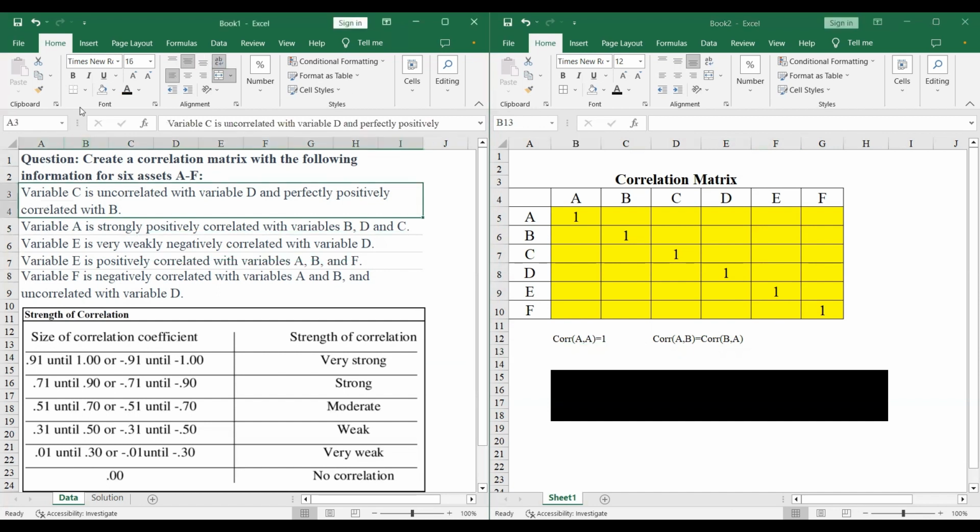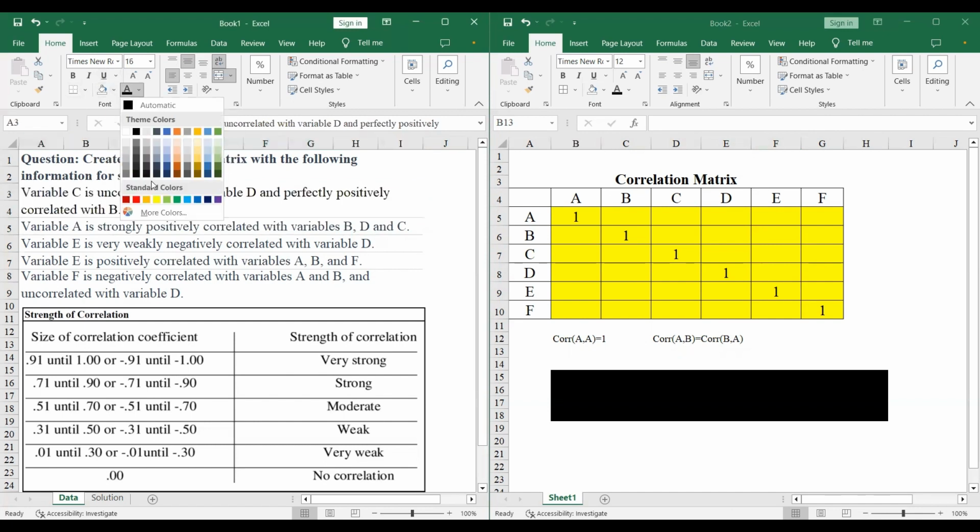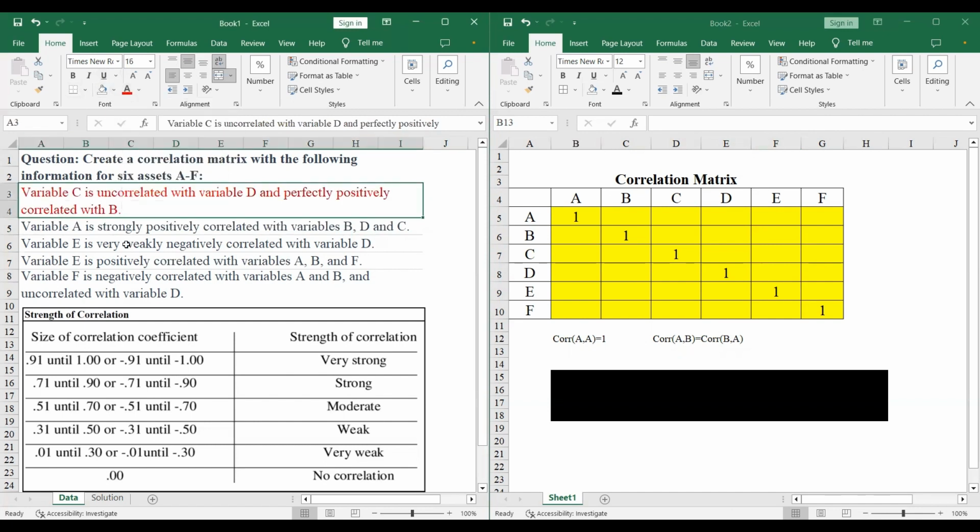The first point of information that we know is that variable C is uncorrelated with variable D. The relation between variable C and variable D is in this lower part.